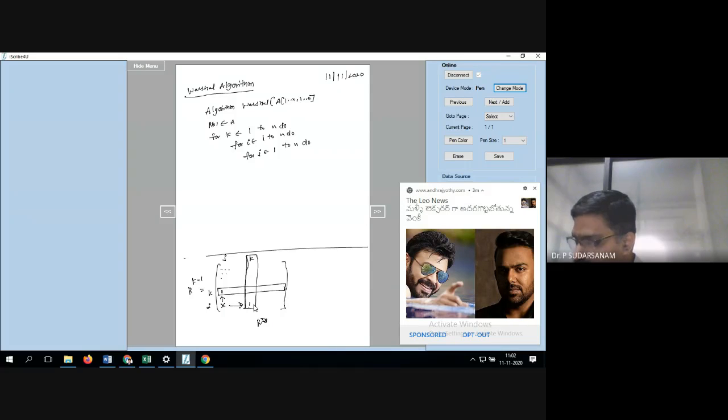R of i to k and R of k comma j. Correct? Sorry, I'll rewrite it once again. R of i comma k and R of k comma j. Correct? This is nothing but the AND.